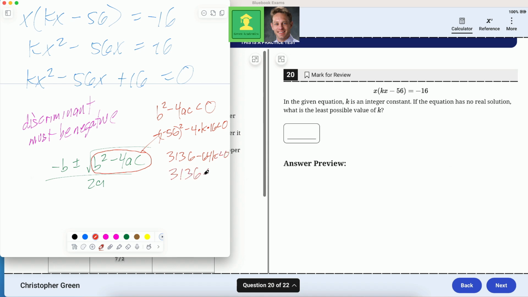I'm going to try to avoid jumping any steps here. So write this as less than 64k. I'm going to flip it to 64k is greater than 3136, which gives you k is greater than 49.